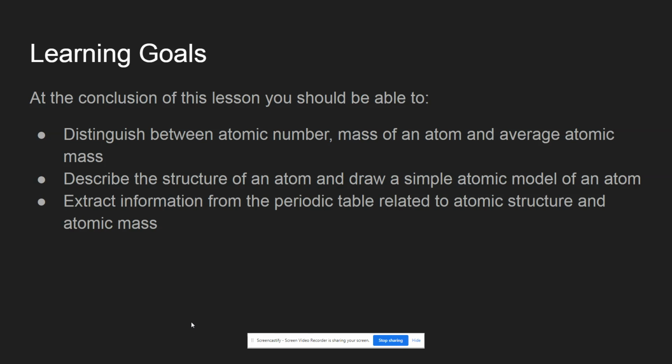Whatever column it's in, that's how many valence electrons we have. If you're in group 1, you have 1 valence electron. If you're in group 2, you have 2 valence electrons. And again, we're going to learn more trends about positions. But we're going to be able to look at those blocks on the periodic table and pull out some really good information. So something you need to make sure you have in front of you as you're doing this is a periodic table. We are going to do some practice in this, so it's going to help you.